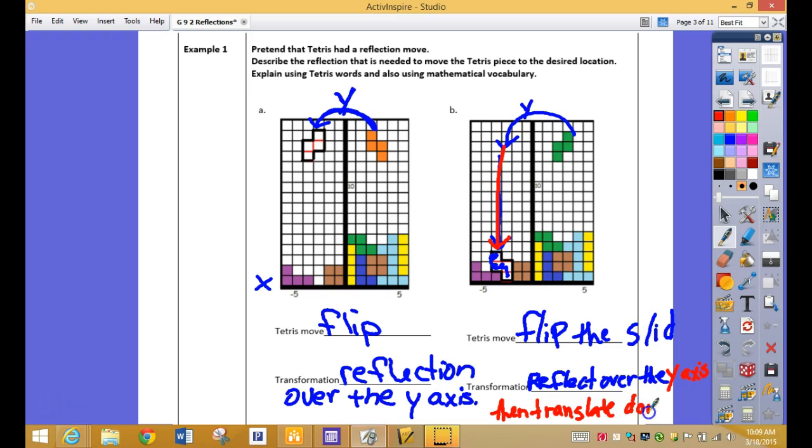How many? I think it's 12. Okay, so we reflected it in the y-axis, and then we translated it down 12. So would that be x minus 12 or y minus 12? That would have been y minus 12 going down.